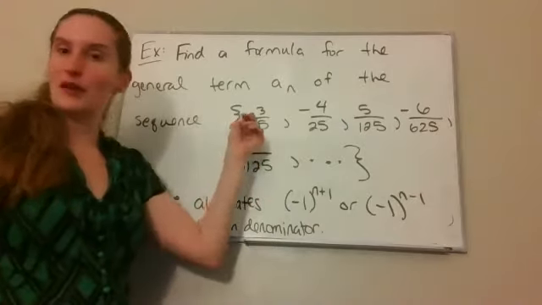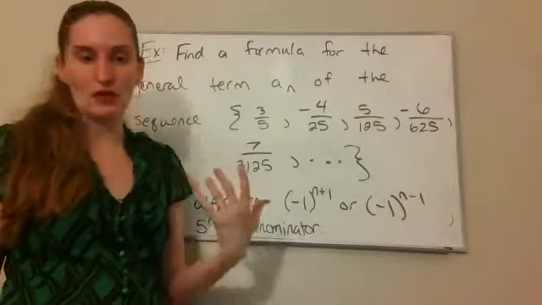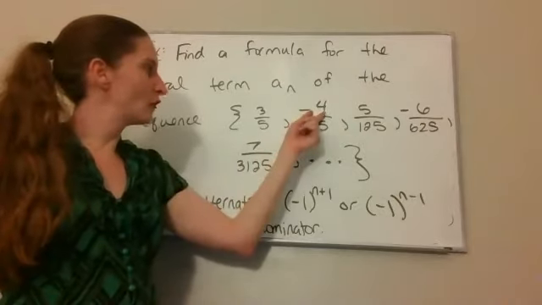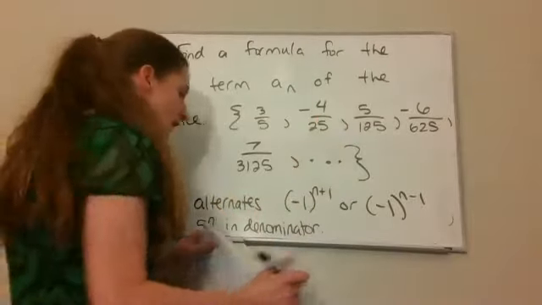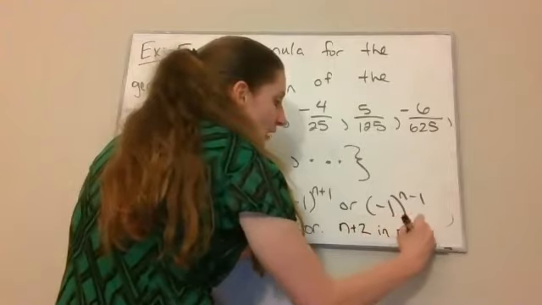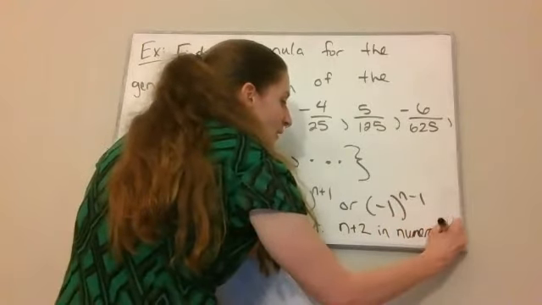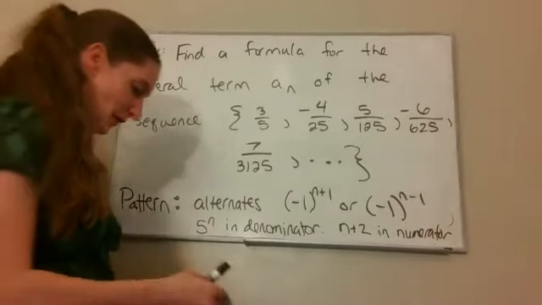But my first term starts at 3. 3 is equal to 1 plus 2. 4 is equal to 2 plus 2. 5 is 3 plus 2. So I know I'm going to have an n plus 2 in the numerator. Because no matter what n I plug in, I'll have 2 more than that in my numerator.